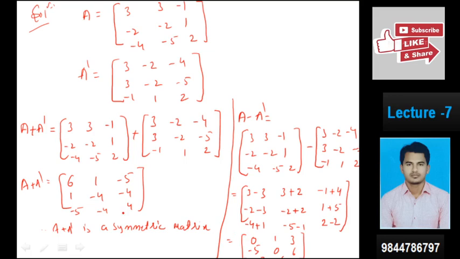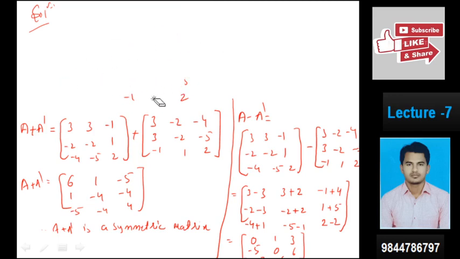Okay, this I'm going to write here. Now I need to do the given statement of the theorem, the sum of symmetric and skew symmetric.